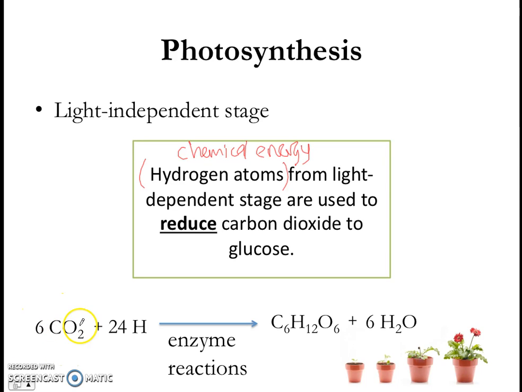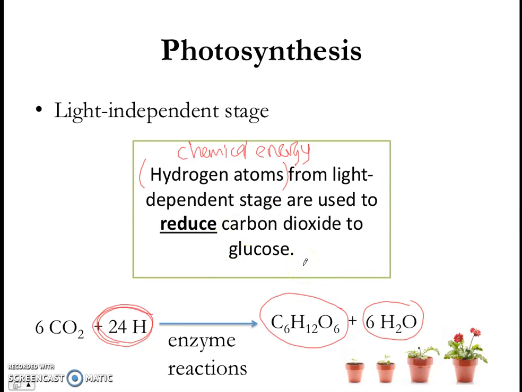Remember, we had 6 carbon dioxide molecules on the left side. If you add to it 24 hydrogen atoms, then through various enzyme reactions, you will get glucose and water produced. So basically, chemical energy from the light-dependent stage was used to reduce carbon dioxide to glucose.